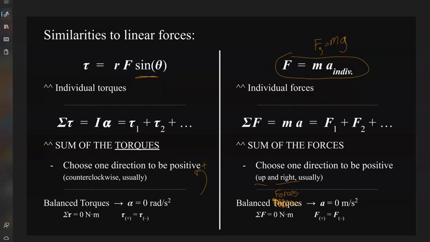It's now just for things that are not angularly accelerating as opposed to not linearly accelerating. So this is constant velocity where that occurs, whereas over here it is a constant angular velocity or constant omega.